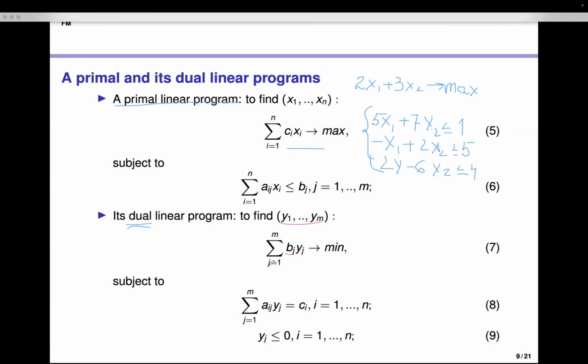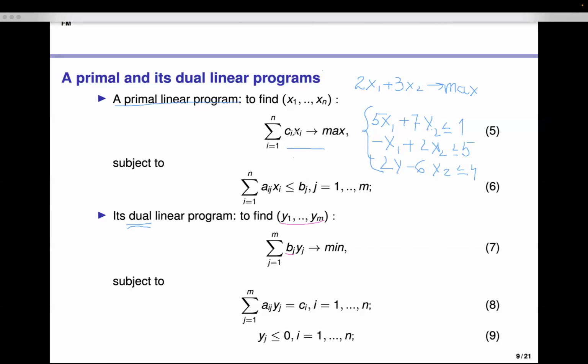You see on this slide a primal and its dual linear program in general case. I would like to write this primal and dual linear program for an example. So a primal linear program will be this.